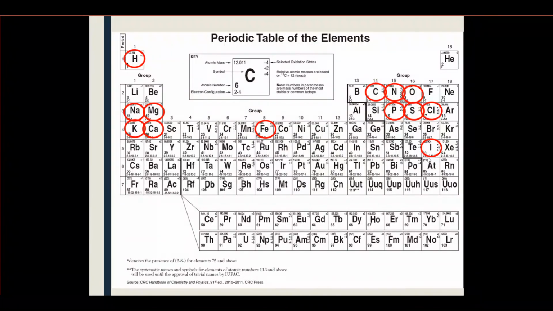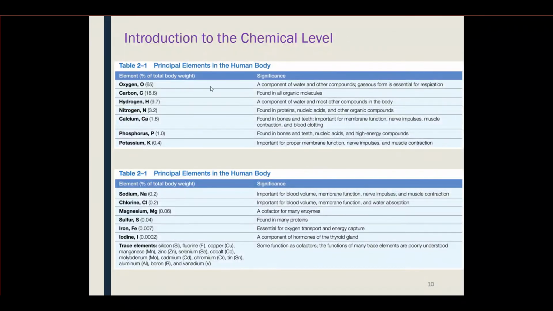These are all things that are found in the earth but have become part of our normal anatomy and chemical structure. Okay, but the ones that we have highlighted in red here are the ones that I want you to know. Again, on this table here, you're going to just have to know the name and the symbol. This here is more of an FYI. I'm not going to ask you this stuff right now as far as the function in the body. We'll learn that as we go through the next couple semesters.